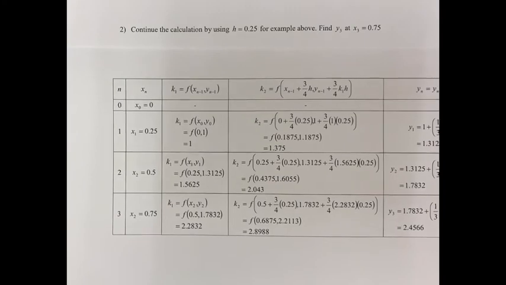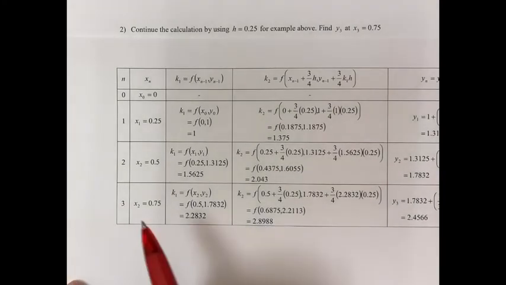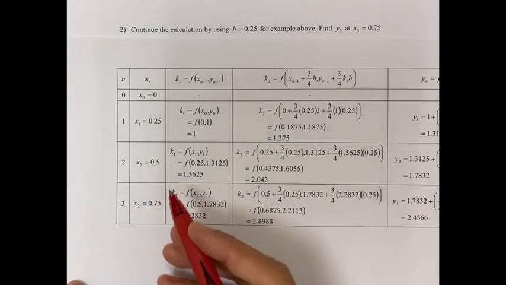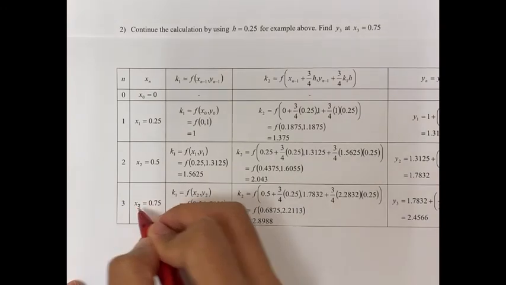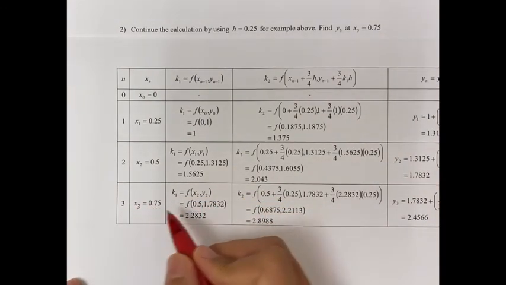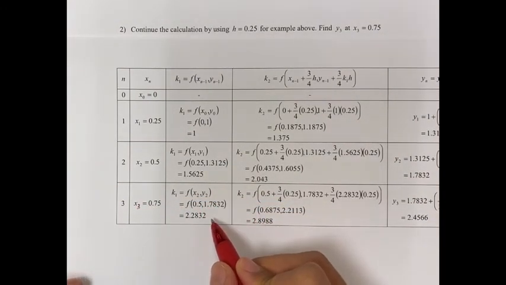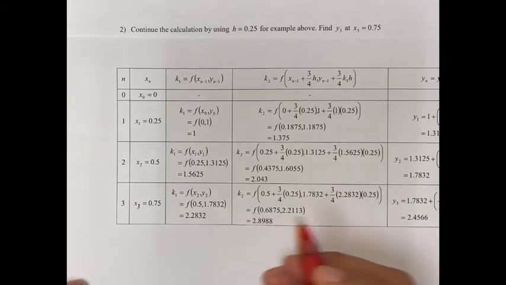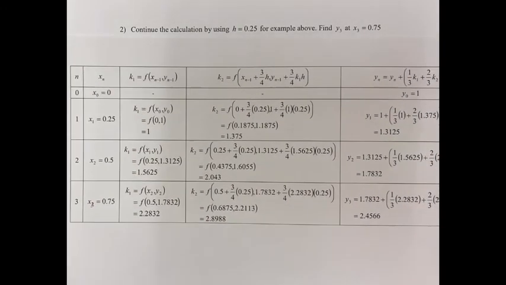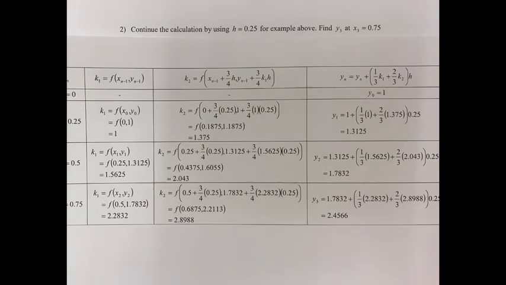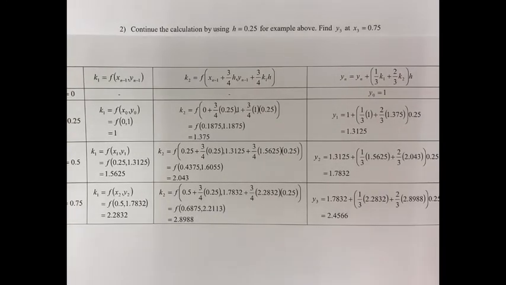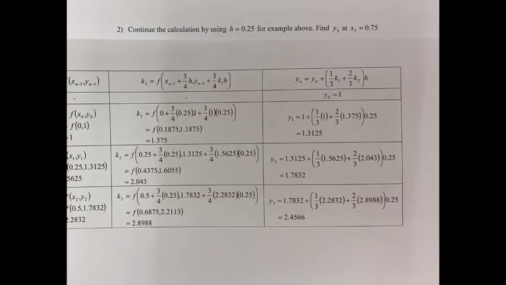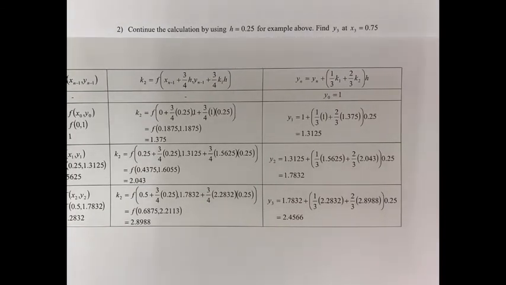You can try this. Then this is the last answer. So this is x3 equal to 0.75. You will have your K1 equal to 2.2832, your K2 value equal to 2.8988, and your y3 value equal to 2.4566.